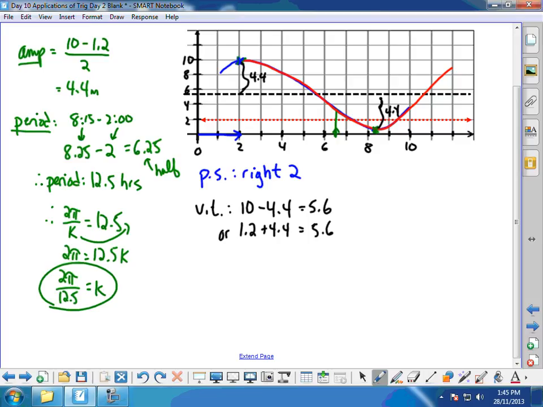It looks more like it's in the middle than my original. It's a big deal because this is what's going to help us describe our vertical translation. Although the original cosine curve doesn't start at 0, this imaginary black axis does start at 0. And if that whole axis moves up, then we know that the vertical translation is up 5.6.